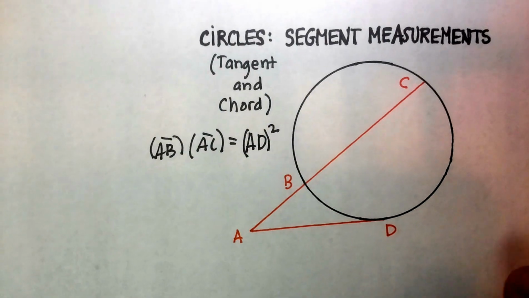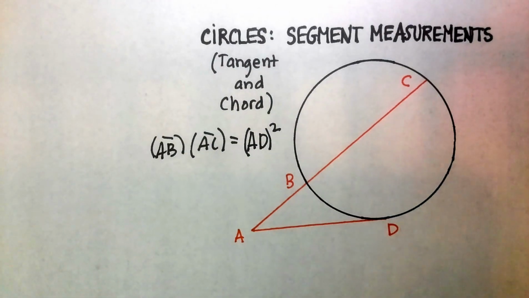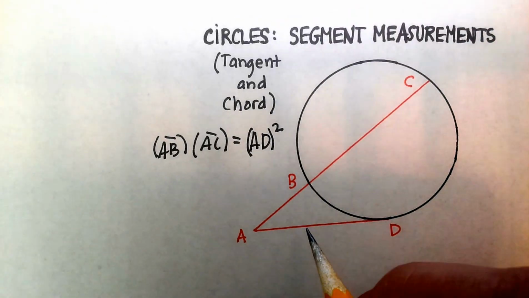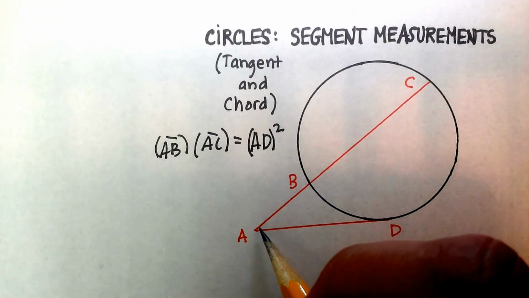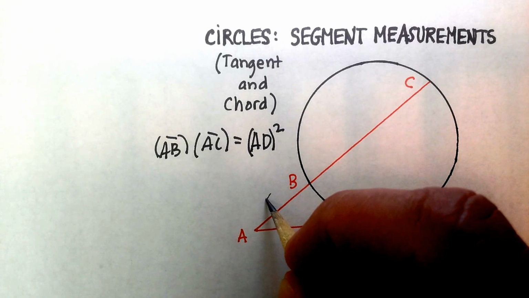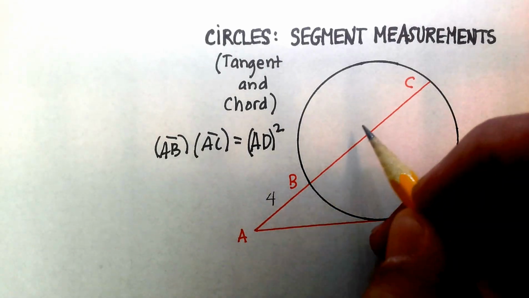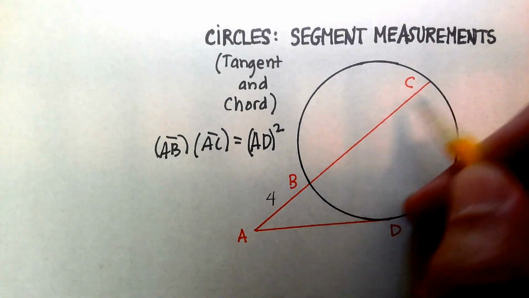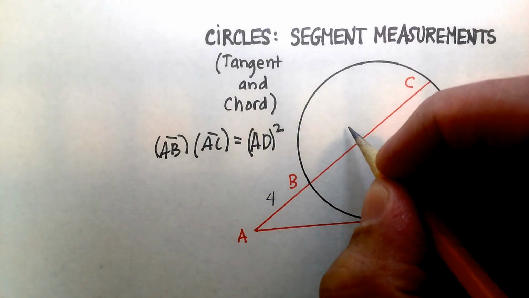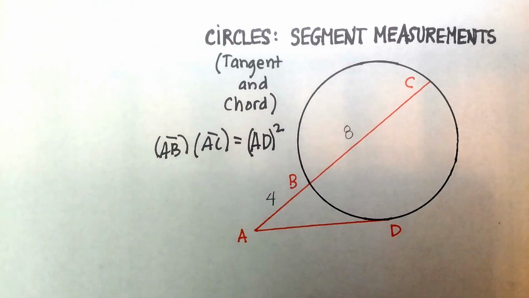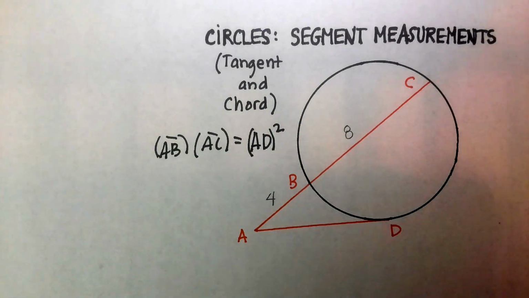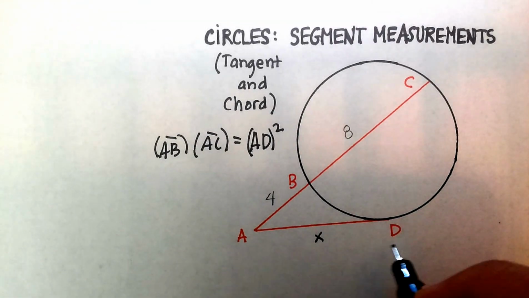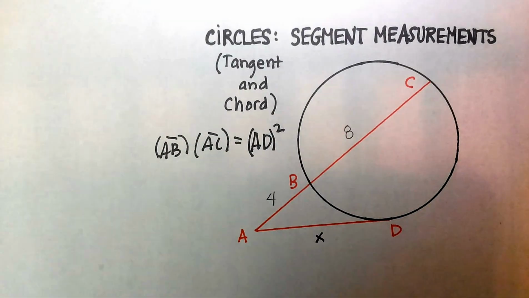Now let's try a problem where that might work, so you can see how you might want to use this. Let's say that this segment AB is 4. Let's say that this segment BC, this chord, is 8. All right? So we want to find AD. How do we do that?